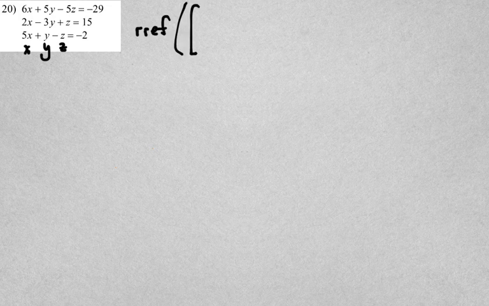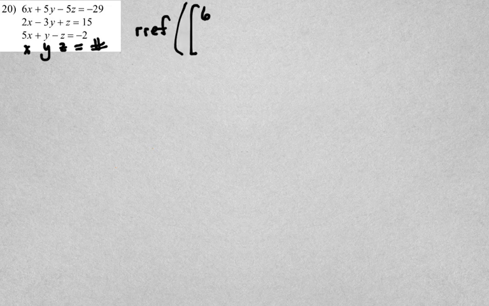So on this next one, again, we're going to do reduced row echelon form. Oh, and the only caveat on this is make double sure that you have all your x's lined up, all your y's lined up, and all your z's lined up, and then the equals, and then the numbers. Because if it's not in that format, or if anything's 0, make sure you include those as 0.